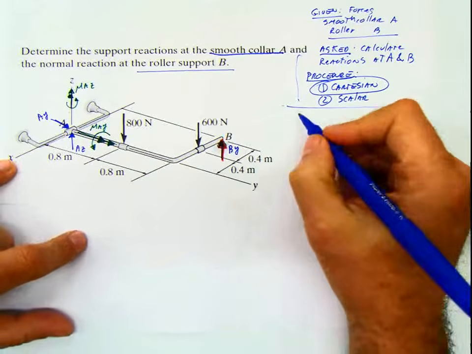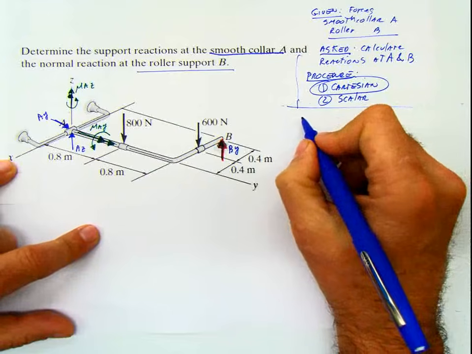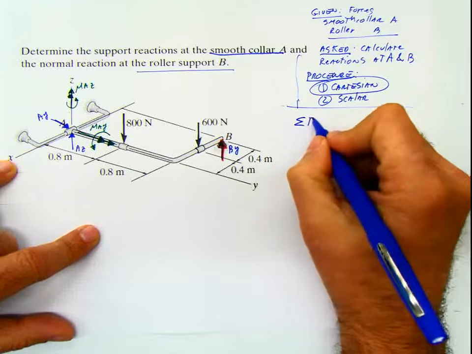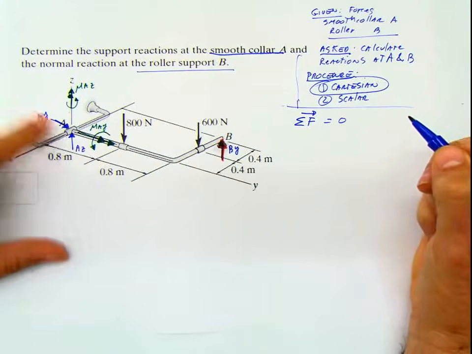Using the Cartesian approach implies that we have to express everything as a vector. So summation of forces, but forces as a vector, has to be 0. Okay, what forces do I have?